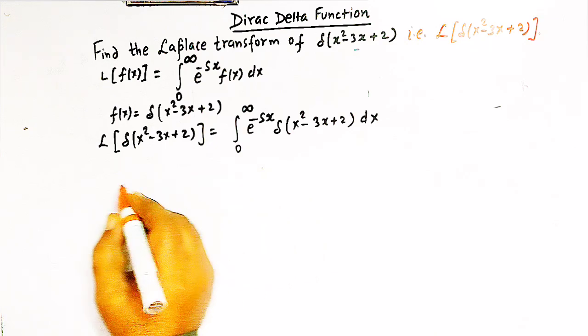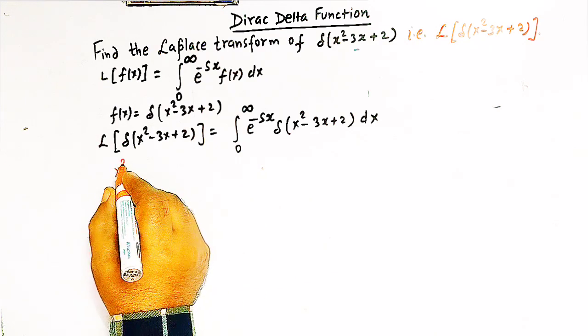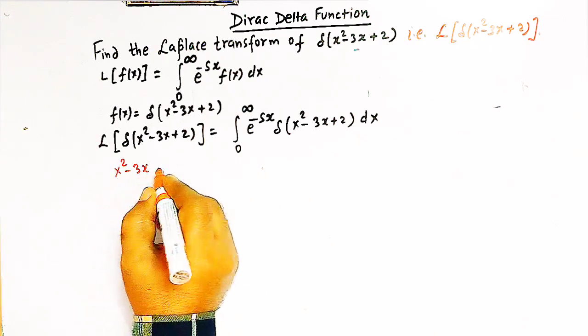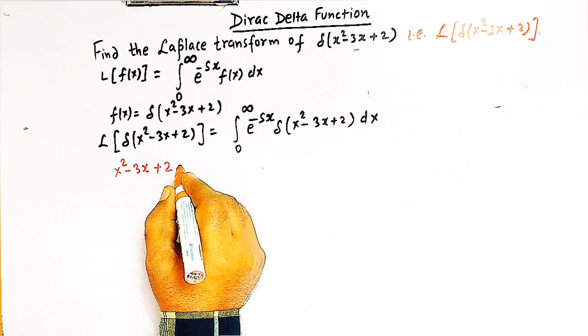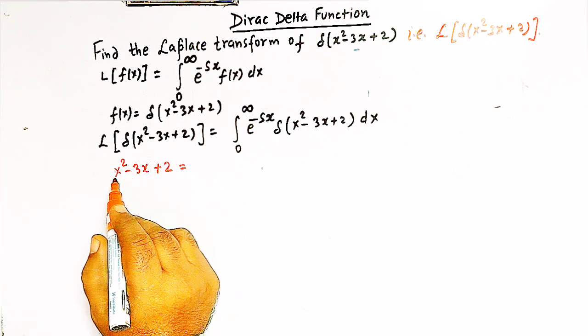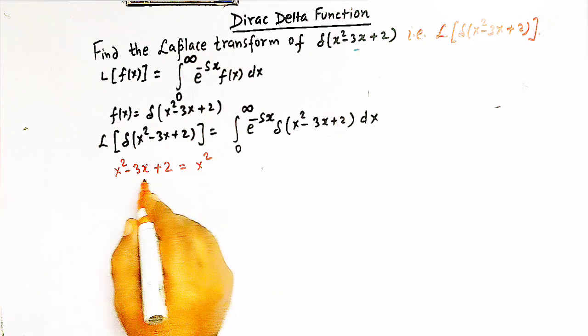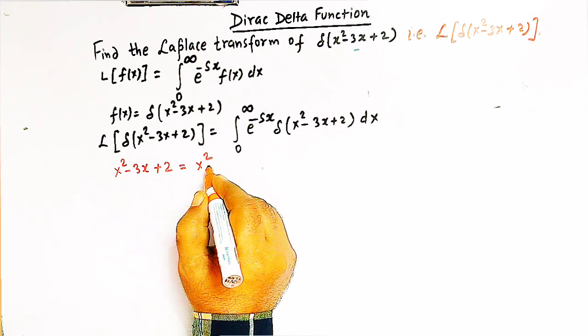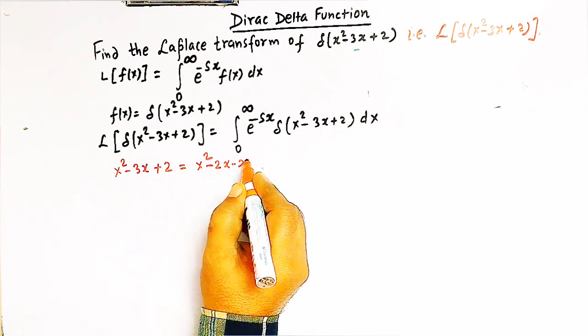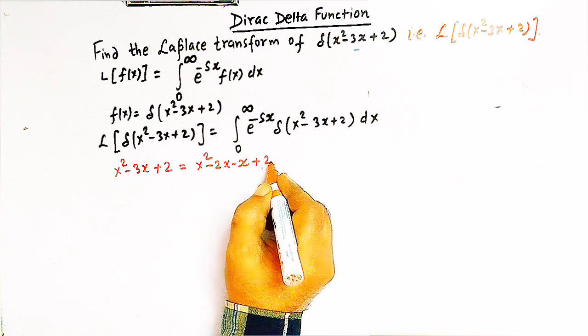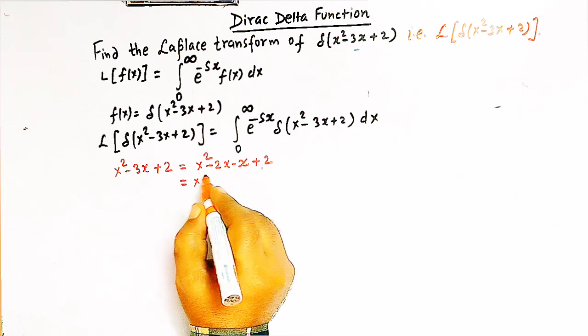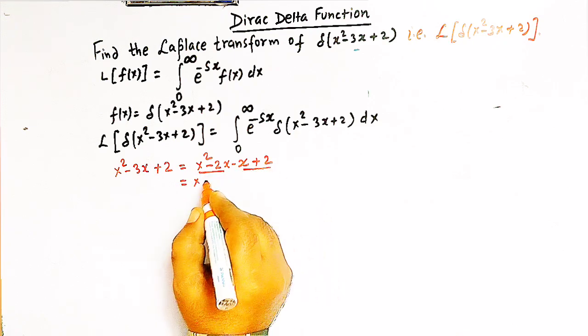So now we can write this quadratic function as a product of two linear factors. So let us factorize this quadratic polynomial by splitting the middle term. So we have x square minus 2x minus x plus 2, and then we can take these two terms and these two terms.